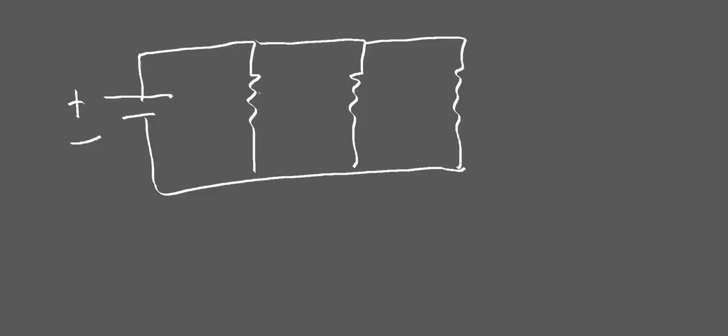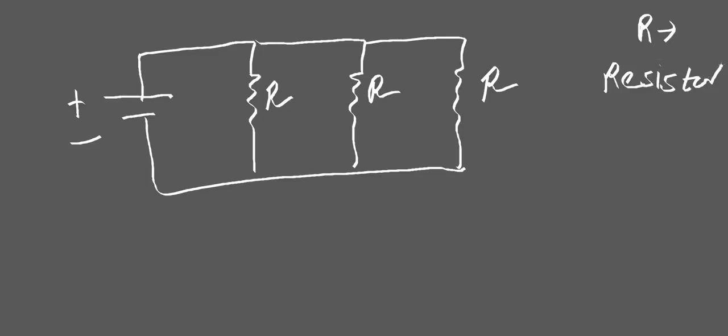Okay, so let me draw a parallel circuit for you. So positive and negative. So this is R, this is R, this is also R. Now R here is as usual the value of resistance.